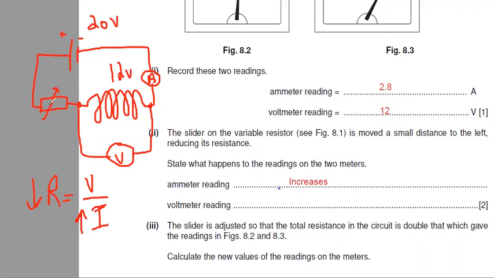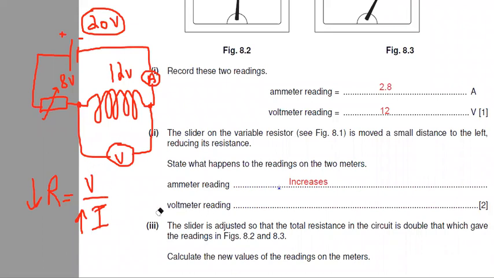So the potential difference across this variable resistor will be the remaining. The EMF or voltage of the battery is divided between the variable resistor and the coil, the two resistors that we have. So here the 8 plus the 12 will be equal to 20.